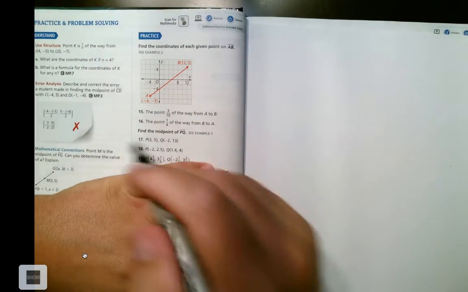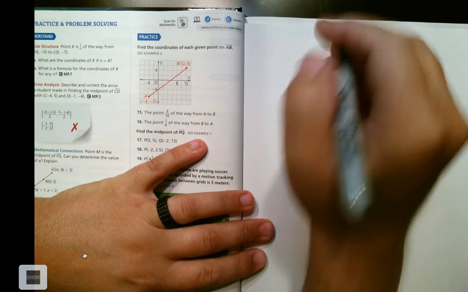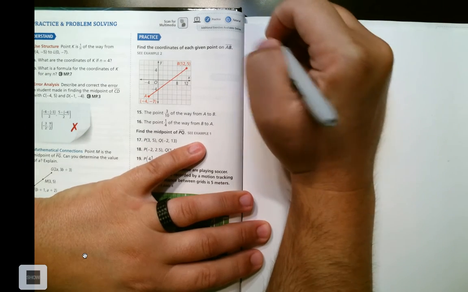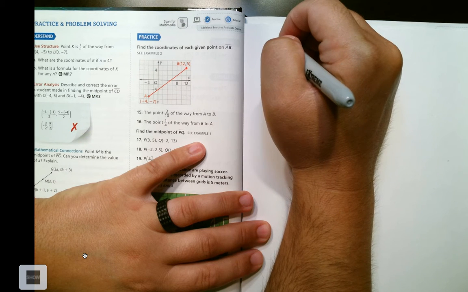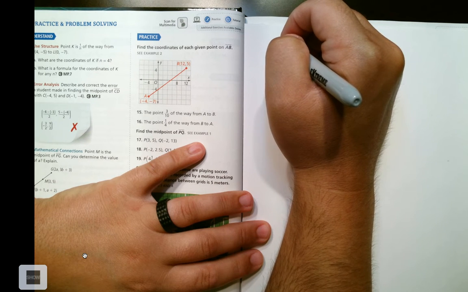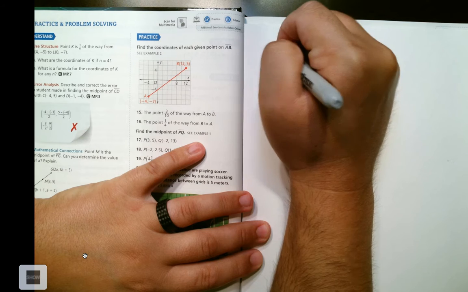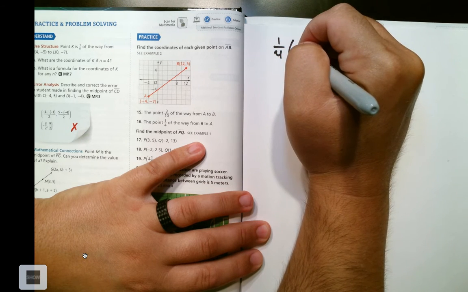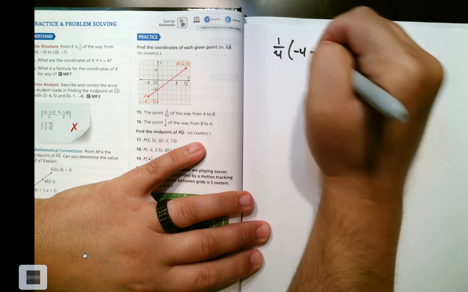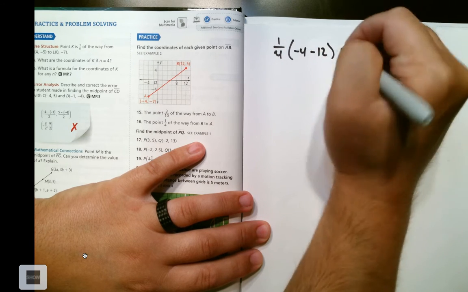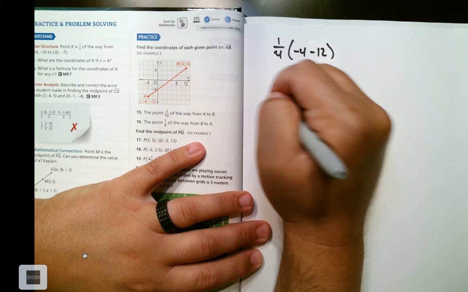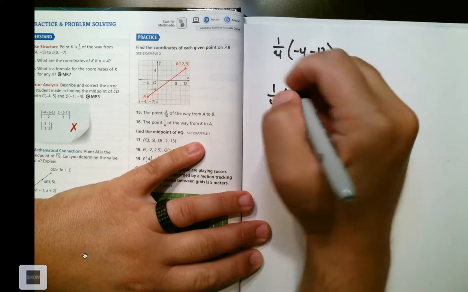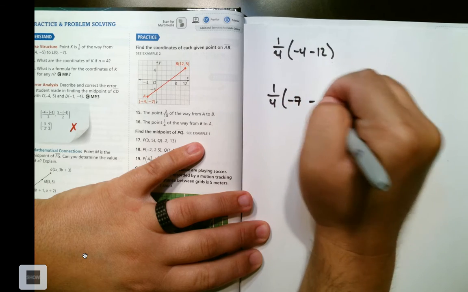Now I'm going from B to A. I want to go 1/4 of the way from B to A. So my value from B to A is going to be 1/4 times -4 minus 12. And then the other one is going to be 1/4 times -7 minus 5.